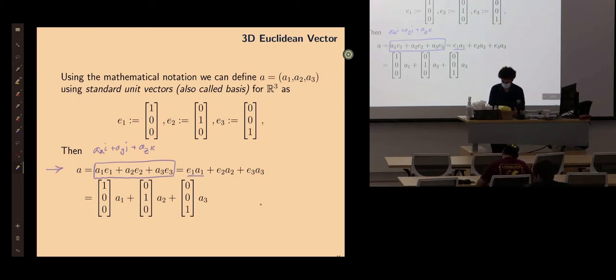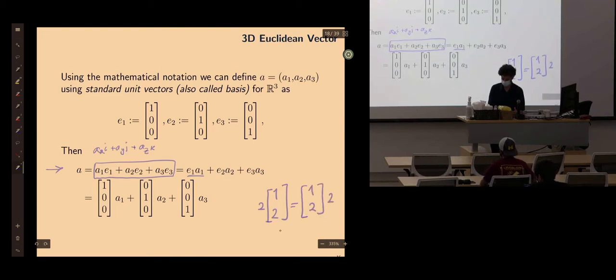So that means that 2 times (1, 2) is the same as (1, 2) times 2. Both of them will give you 2 and 4, right? We haven't talked about it, but when you multiply a matrix or a vector by a scalar, you multiply all the entries by that scalar. And it doesn't matter if it's on the left or right.